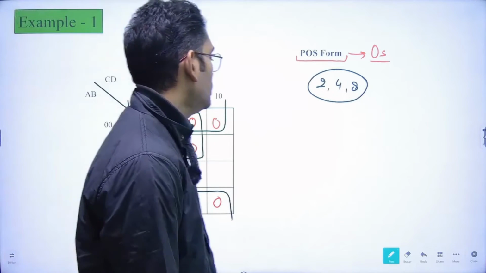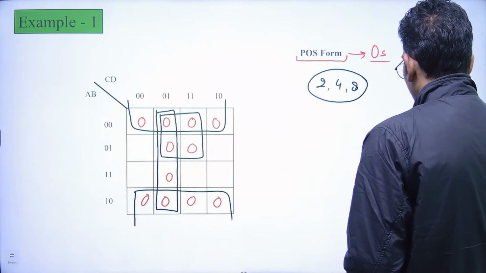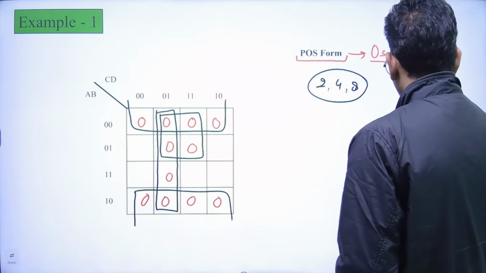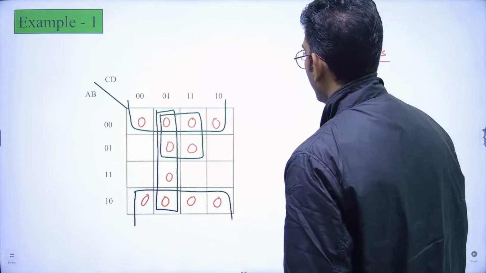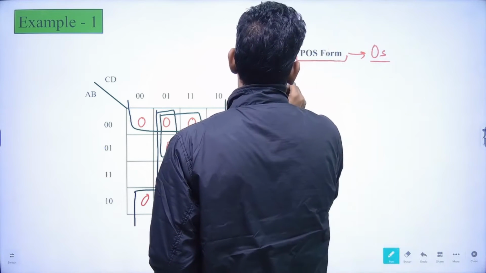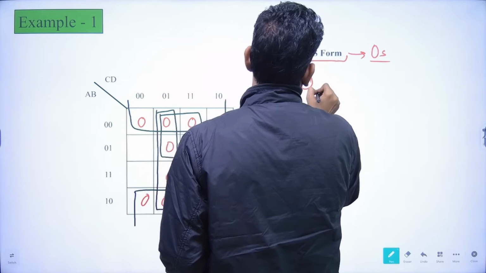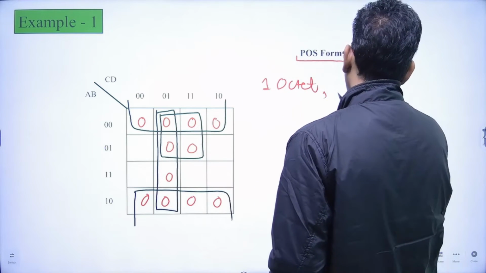Fine. So these things we would get from here. So from here, what are we getting? We are getting one octet and two quads.